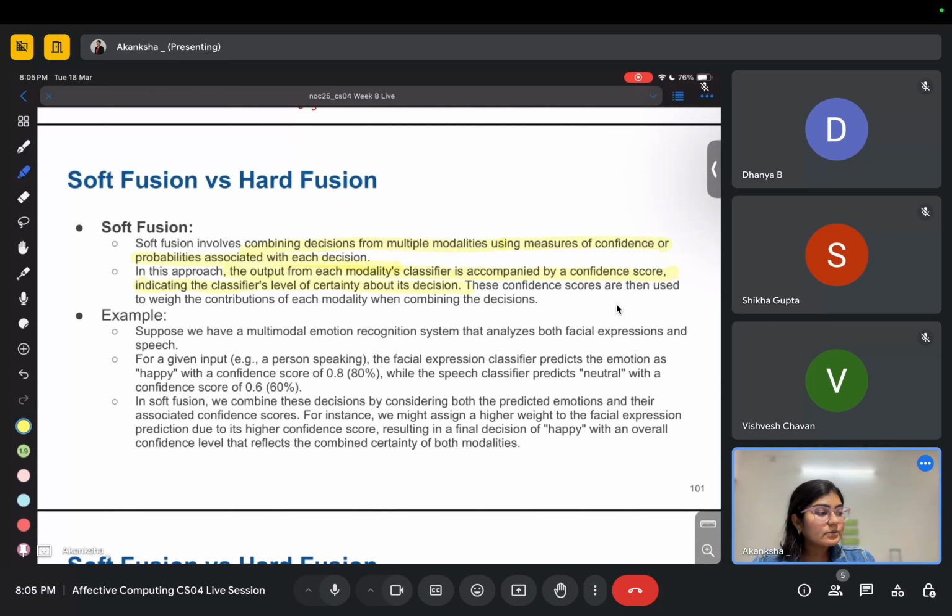Now the confidence scores are then used to weigh the contributions of each modality.